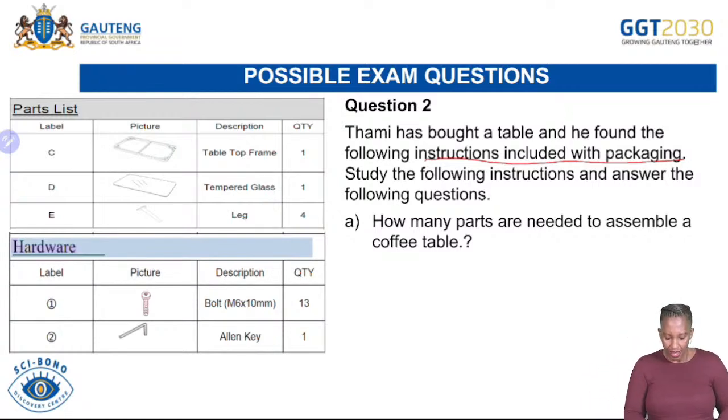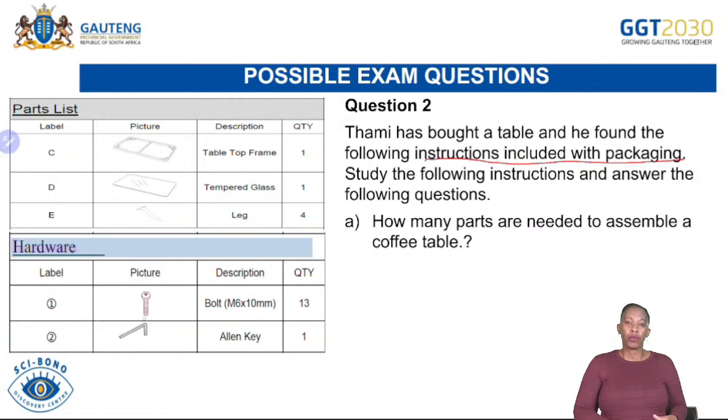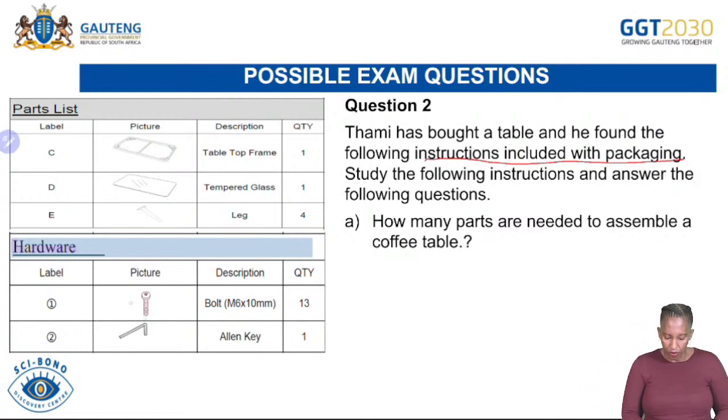Then it says label C, label D, label E, and then hardware. These are the part list, and then the hardware. What are you going to use to put together the table? And then we've got label 1 and 2, which means label 1 is the screw.